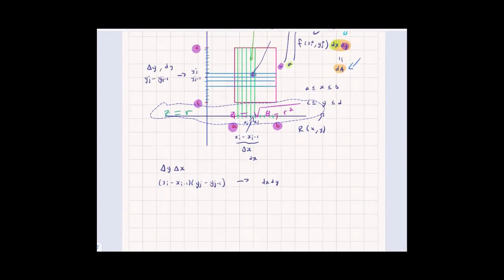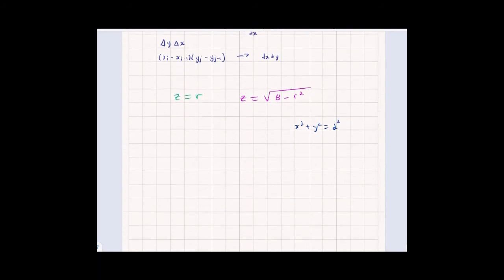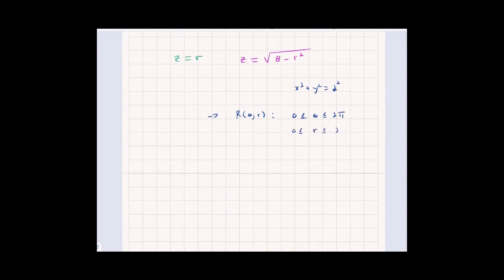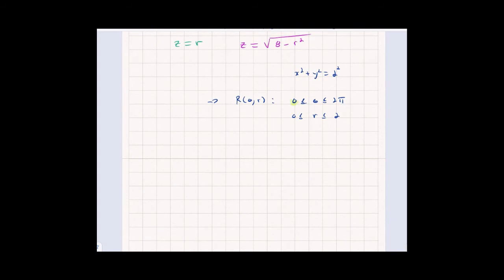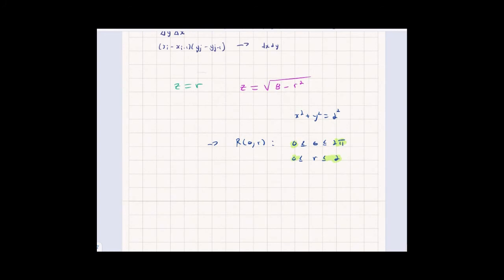And we already decided that region, x squared plus y squared equals 2 squared, the circle with radius 2 at the origin, can be expressed as the polar rectangle where theta is in between 0 and 2 pi, and r is in between 0 and 2. So these are the bounds that we're going to be using, and then our functions, z is equal to r, and z is equal to the square root of 8 minus r squared. Those are the lower and upper functions, respectively.